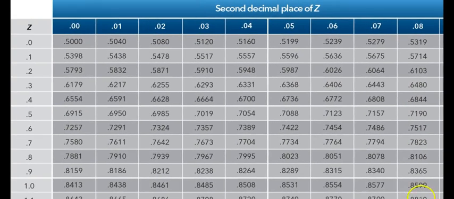There it is. So our probability, and remember this is to the left of that z-score, right? So 0.8599. We're looking for greater than, so that means we're going to have to subtract 0.8599 from 1, and that's going to give us 0.1401.